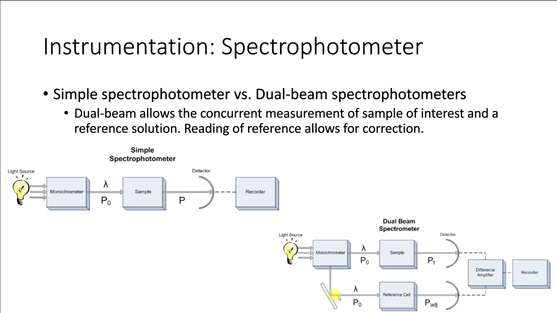Then we can pass it through a dual beam, so the light will still go through, but now this light will not only pass through our sample, but also through what we call a reference cell. When we get this reference cell, we can then determine the difference between our measured sample and our reference, and that will allow us to correct for a more accurate concentration.